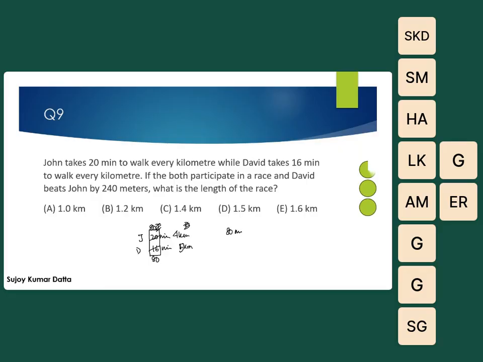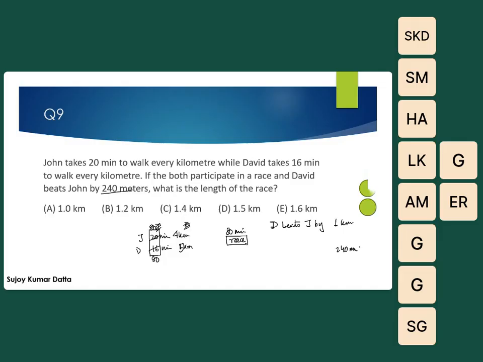So that means if there was one 80-minute race, then David beats John by 1 kilometer, or basically 1,000 meters, in an 80-minute race. So the question now says that David did not beat him by 1 kilometer. He beats him by 240 meters.